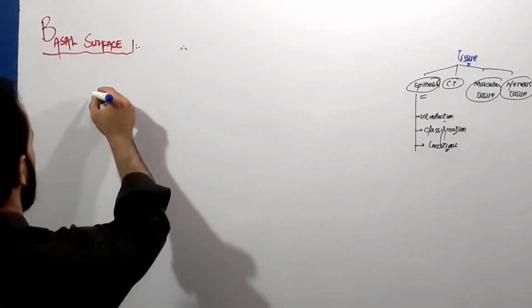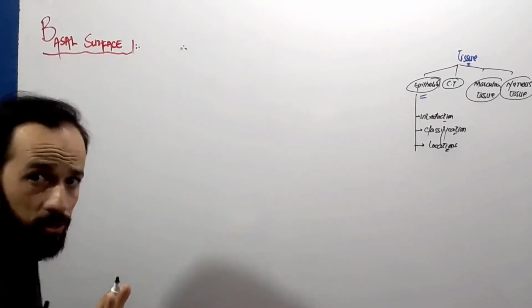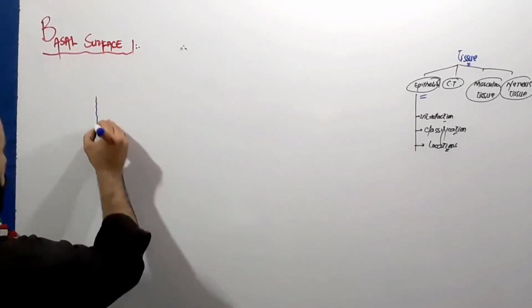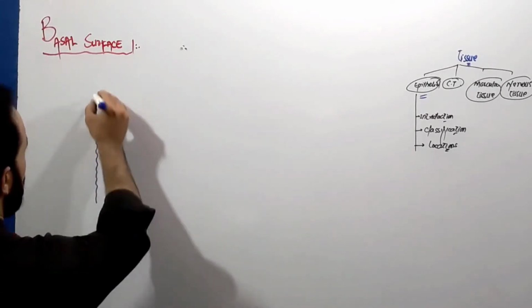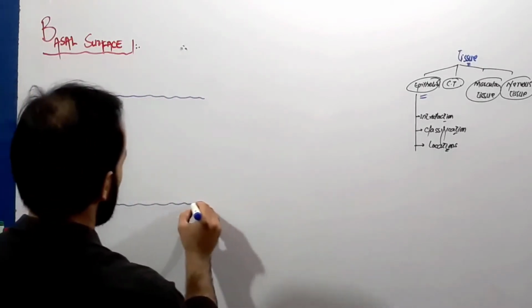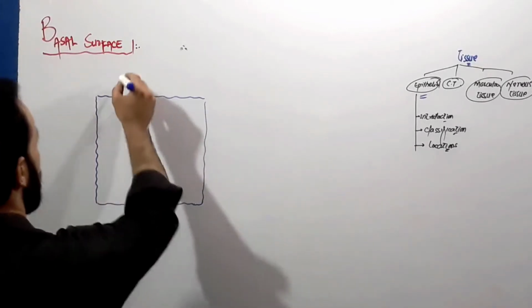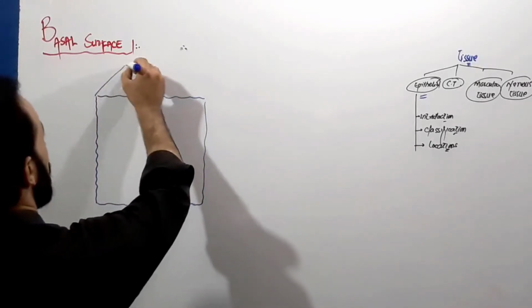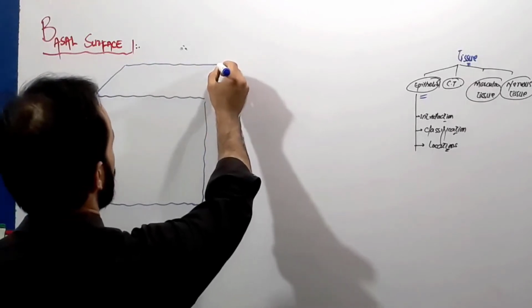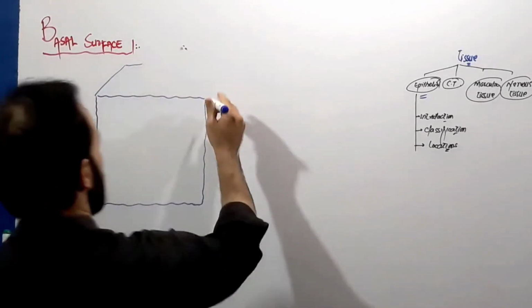Then I will discuss the structures which are present in the base of the epithelial tissue. For example, these are the cuboidal epithelial cells. We have already discussed the shapes and classification of the epithelial tissue according to shape.